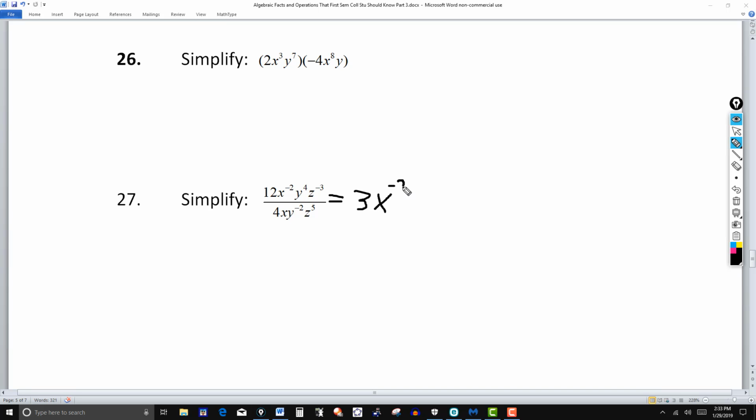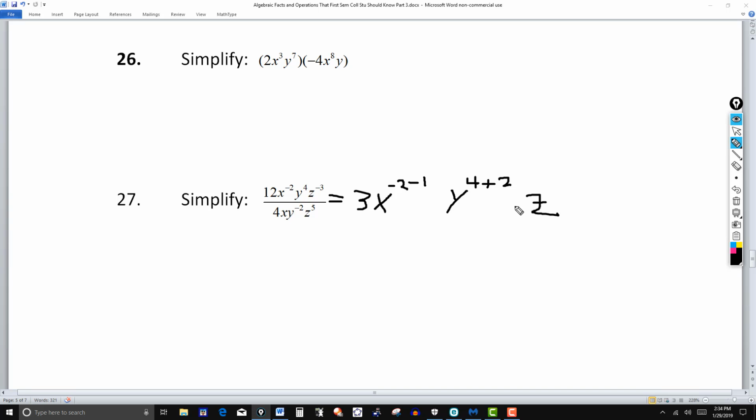Okay, bring down the y. So it'd be 4, subtract negative 2. 4 subtract negative 2, that makes it a plus 2. Okay, so I'll put a plus 2 like that. Okay, and then z. So this will be negative 3, subtract 5.